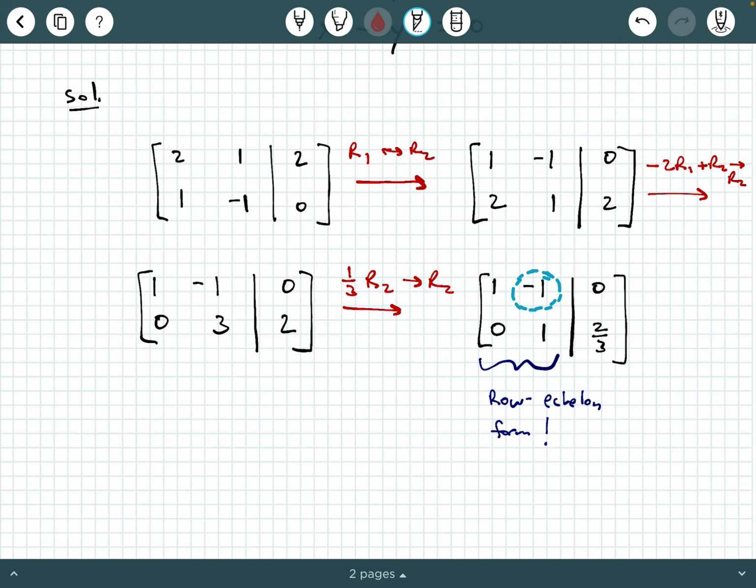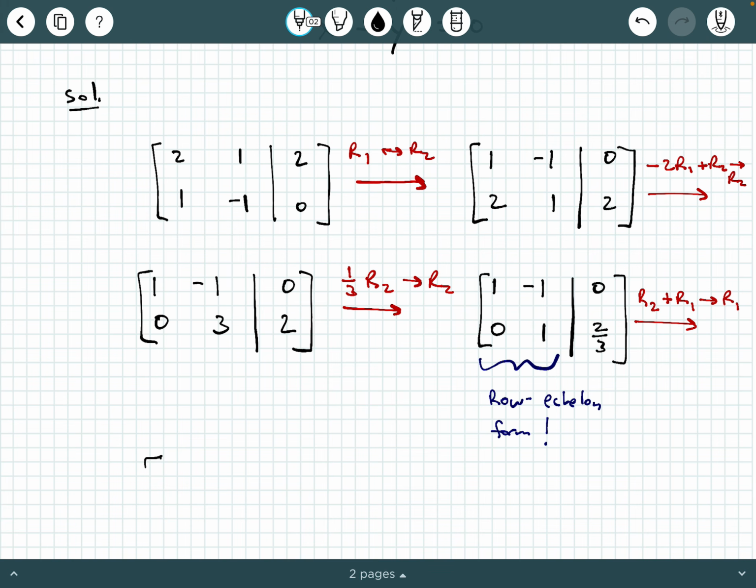We need to somehow cancel out that -1 that's in the upper triangle. So we're going to perform another row operation. We're going to say row 2 plus row 1 to change row 1. So here, we're using row 2 to change row 1. And specifically, our goal is to cancel this -1 here.